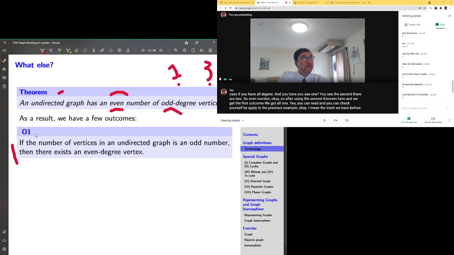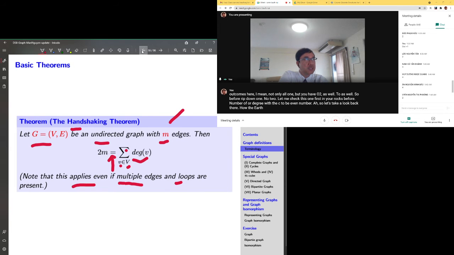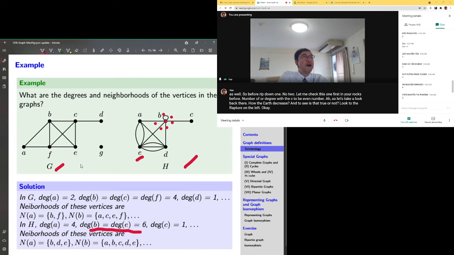So let's take a look back there. Count the odd degree vertices and see whether that is true or not. Look at the graph G on the left. Can you write down the vertices having odd degree in the chat box? Who are they?